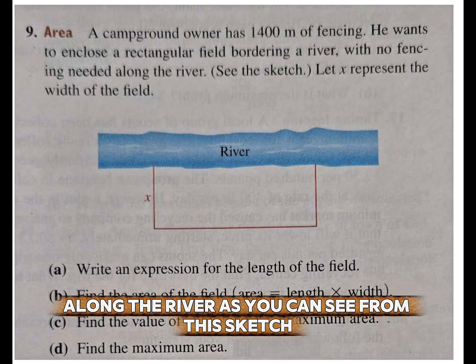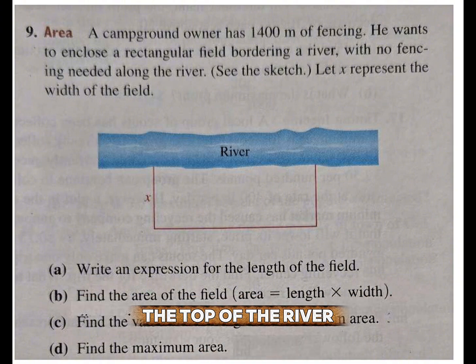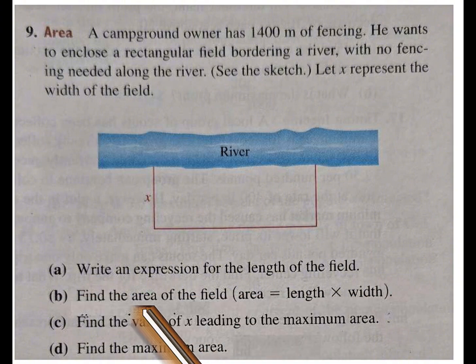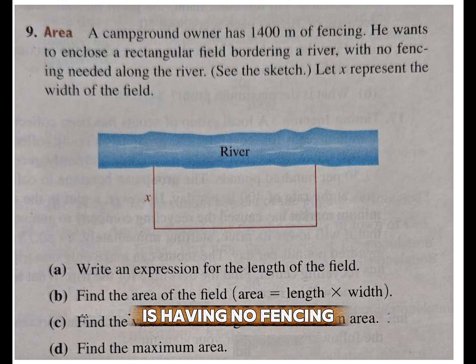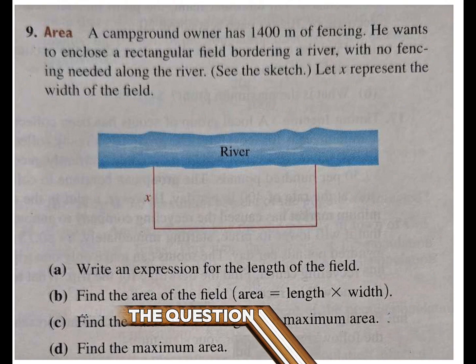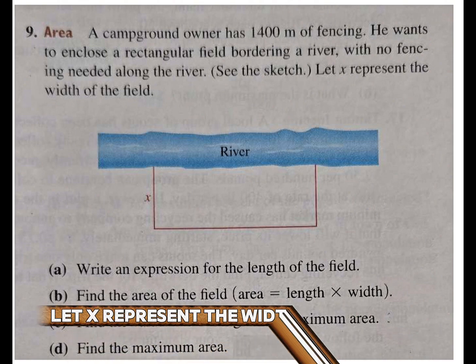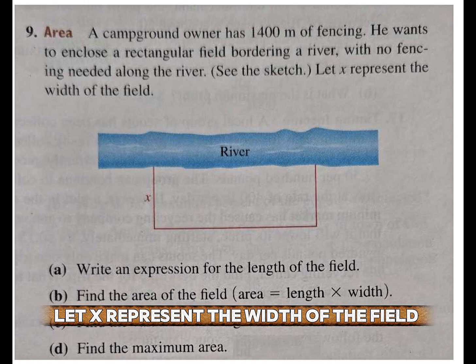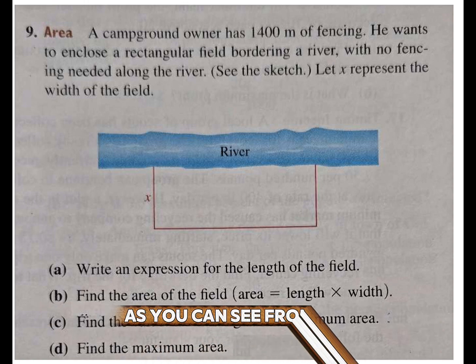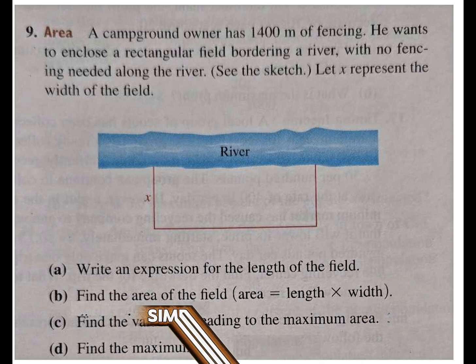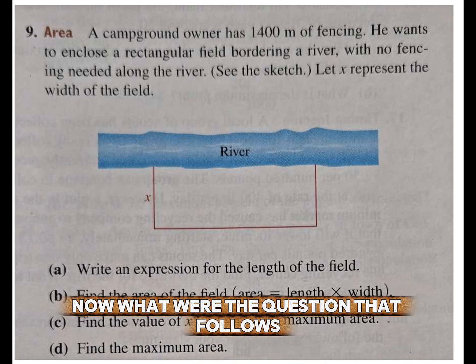As you can see from this sketch, the top of the river is having no fencing. The question now says, let X represent the width of the field, as you can see from the simplified diagram.